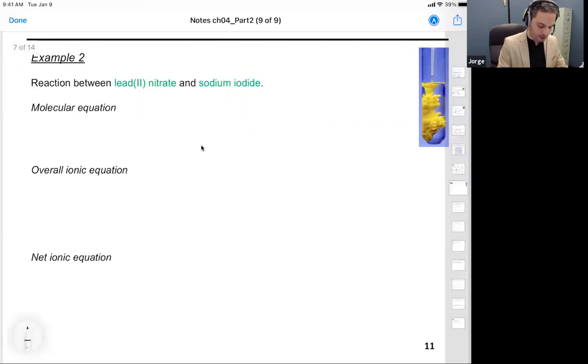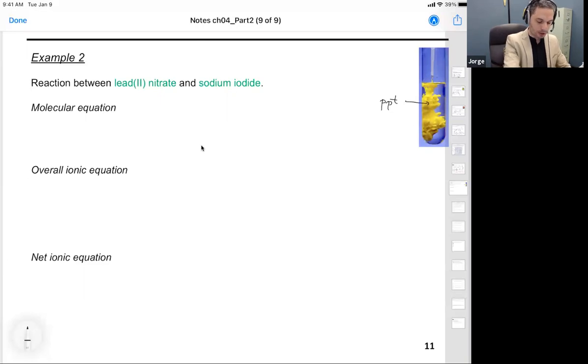So when you mix up lead-2 nitrate and sodium iodide, you're going to get a very beautiful precipitate here, bright yellow. Chemistry is very colorful, very beautiful. Okay. And that tells you that something happened in the reaction. Okay. Our job is to identify what exactly is going on in the reaction.